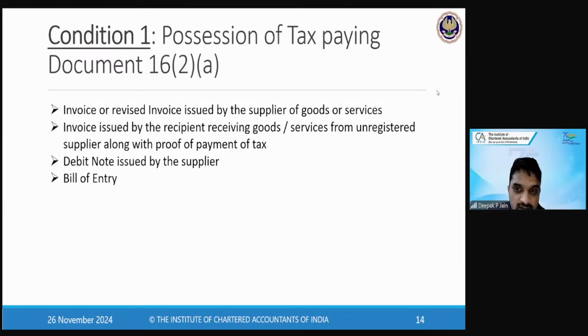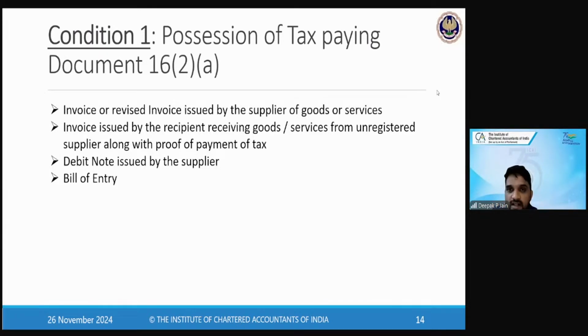Okay, invoice by a composite supplier. No, an invoice by a composite supplier is called a bill of supply, not a bill of entry. Bill of entry is a document you get when you clear your goods from customs. This is not given by the captain or anybody else; it is given by the customs authority.